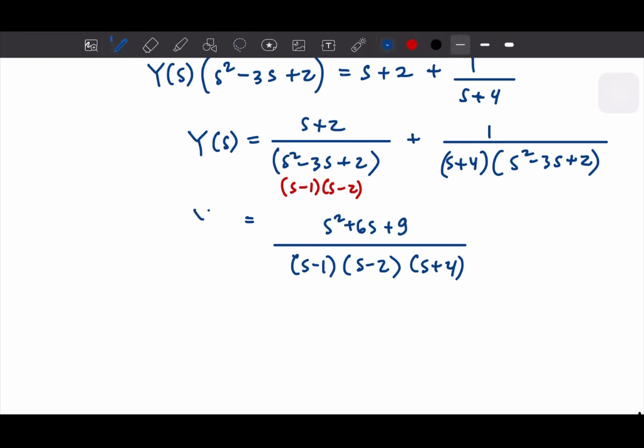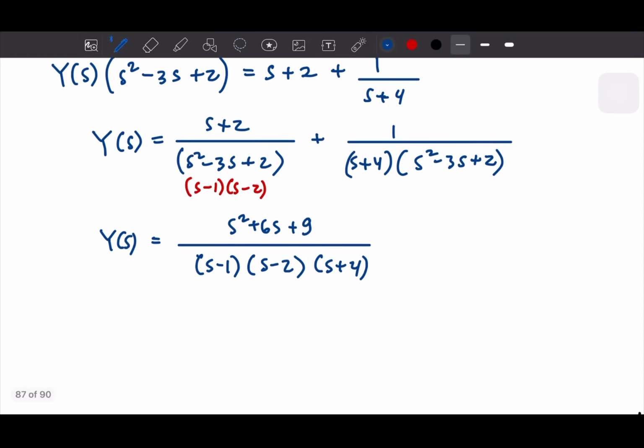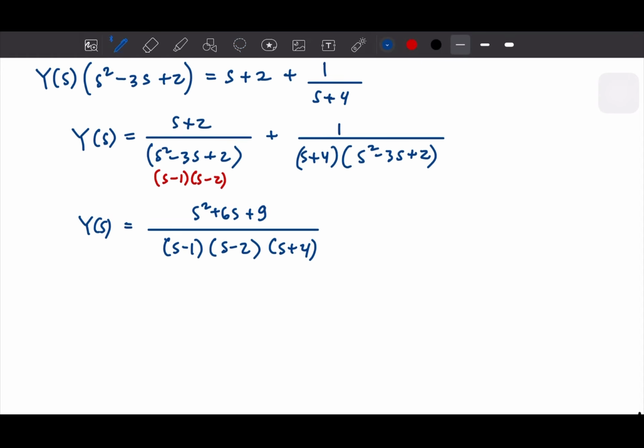Okay, this is our capital Y. And the next thing is we are going to separate this big fraction into small fractions. And because all are linear factors, we could just write with A, B, and C that we need to determine.